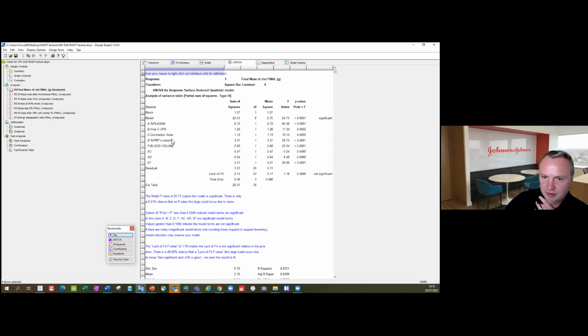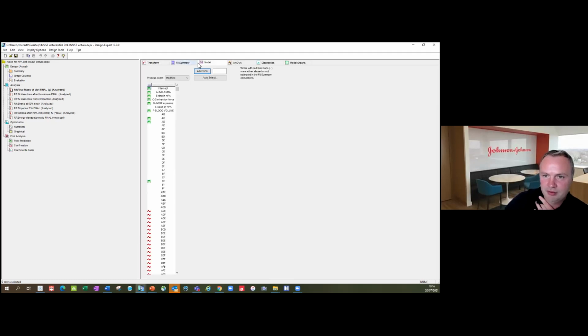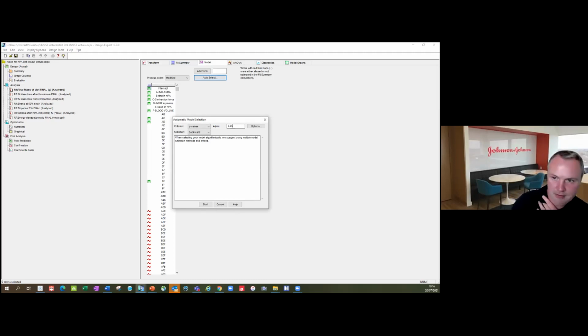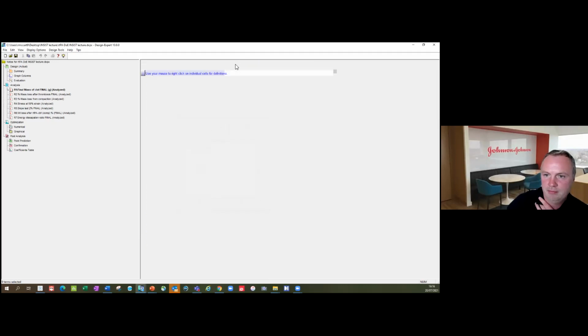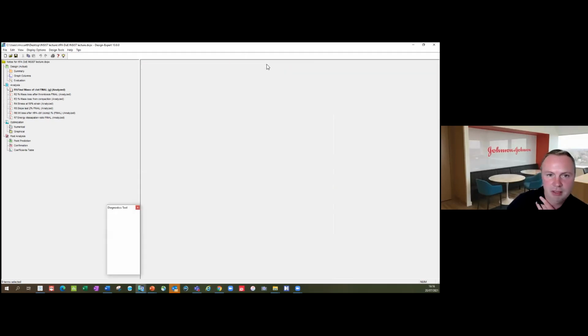Yeah, we'll go to the ANOVA. And what we're seeing here is that every factor actually has had an effect. So they're all in the model here.